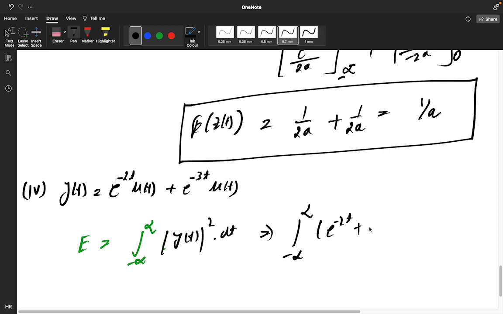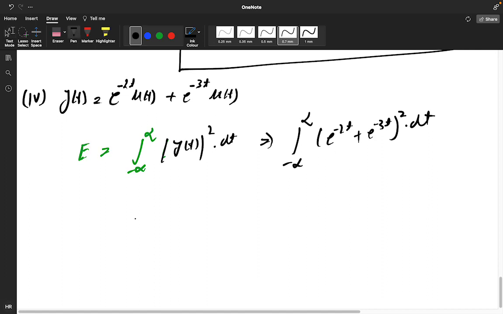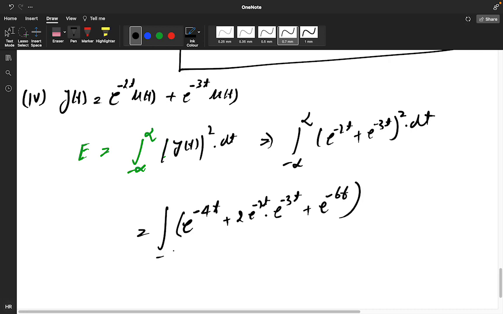E power minus 2t plus e power minus 3t, the whole square, into dt. If you expand the whole square term, you get e power minus 4t plus 2 e power minus 2t into e power minus 3t plus e power minus 6t, into dt.